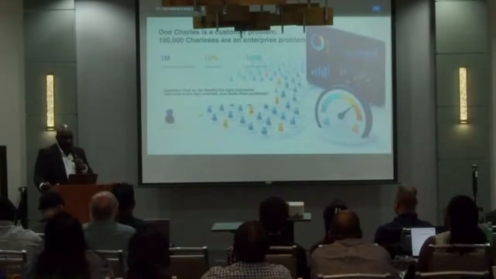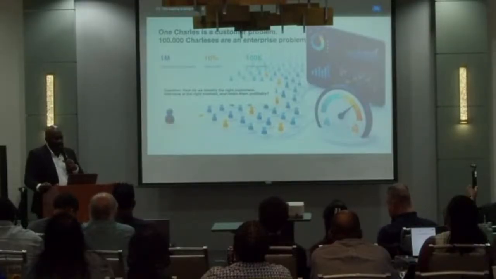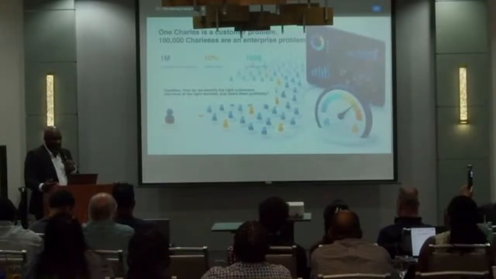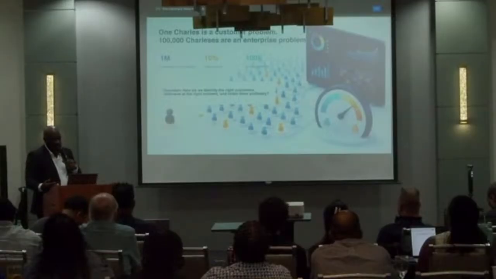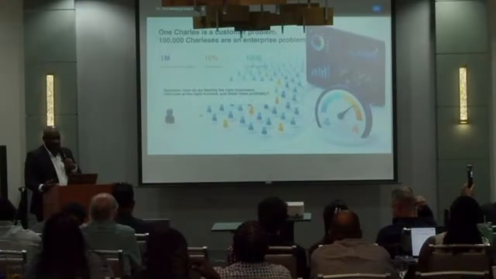Say you have 1 million customers in the business. It is known that normally 10% of these customers can churn or are likely to churn, and that translates into 100K customers at risk of churning. And then we look at the lifetime value in the earlier slides. You multiply that out, that's a lot of money you're going to lose.